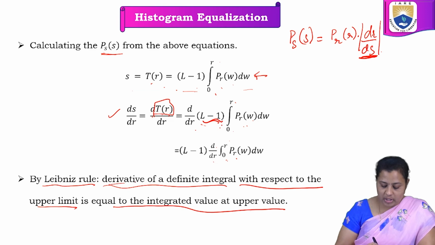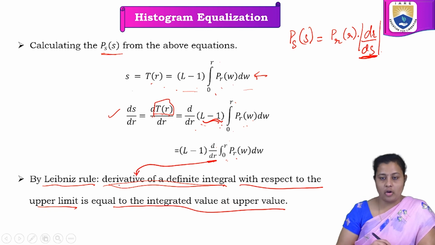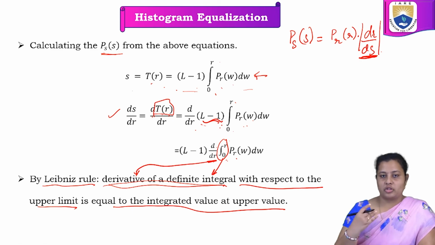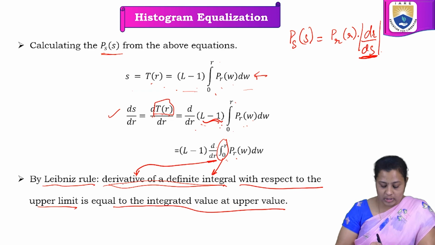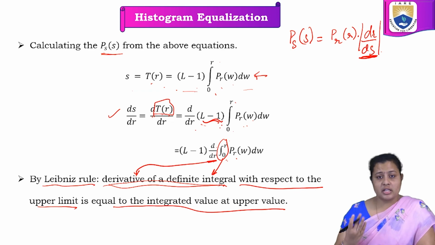I am doing a derivative of a definite integral, because it has limits ranging from 0 to R. It is not ranging from minus infinity to infinity, nor is it left without any limit. So it is a definite integral.